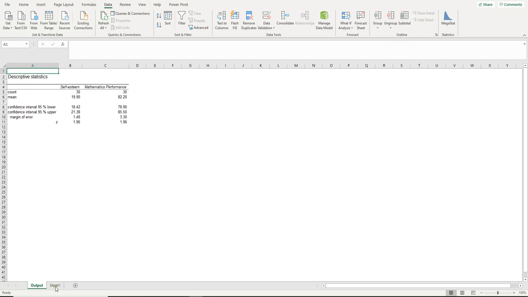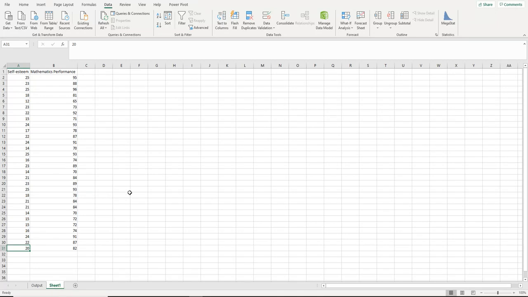Now, let's go back to our sheet. Research objective number 1 and research objective number 2 stated that we're going to describe the level. Since it says describe, we are going to use the descriptive statistics.